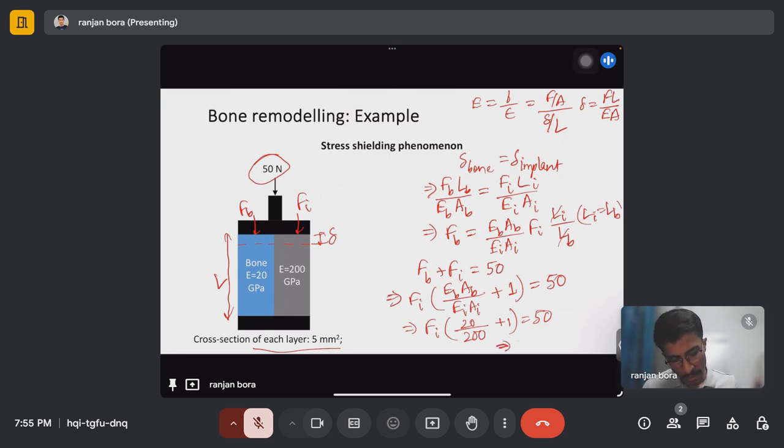From here, FI will be equal to, this will be 1 by 10, 0.1, 1.1, 50 by 1.1, which will be 45.4 Newton.